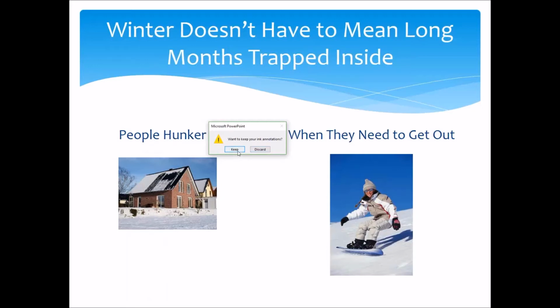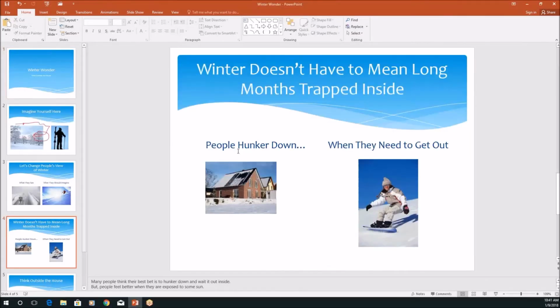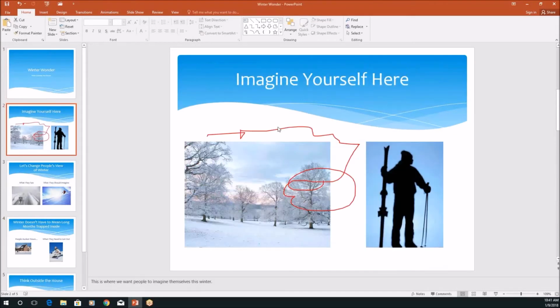You simply click Keep, and they are stored with the file. When I go back to the slide that had annotations on it, you can see they have just been saved as a drawing over top. I can make the changes that were required, and I can then discard or delete that particular drawing item without harming my slide. So those are the new features from the enhanced presentation view.